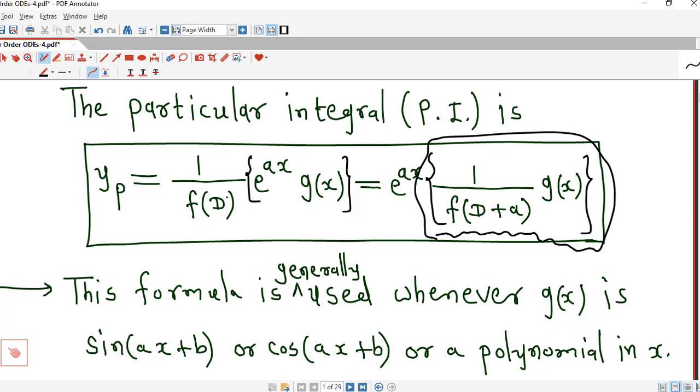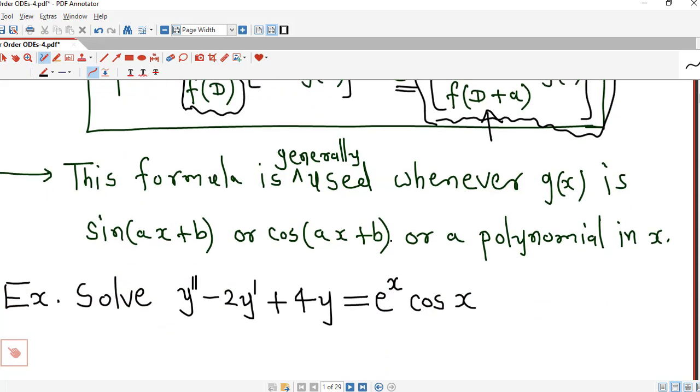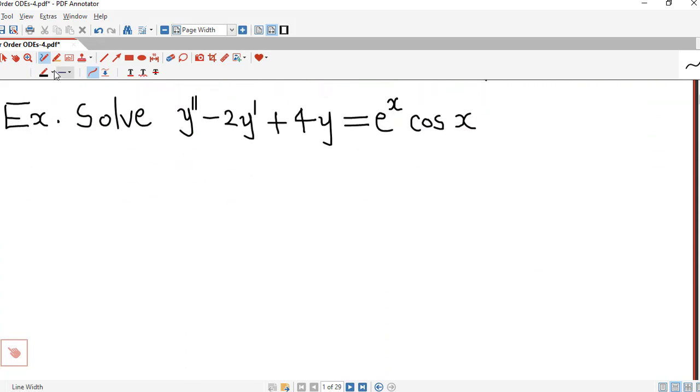So here we are replacing D by D plus a in f of D, and we obtain f of D plus a, and we will keep e raised to ax as it is. So we understand this with the help of an example.